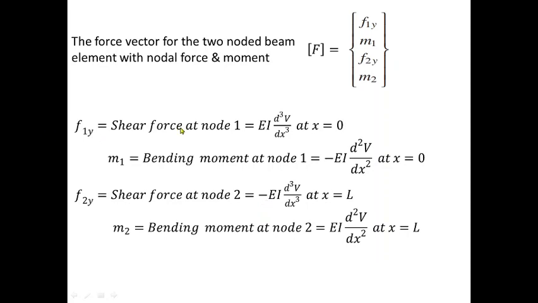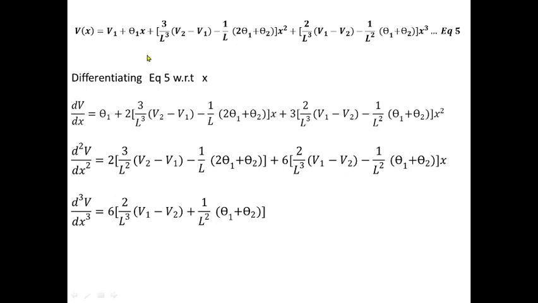Why? Shear force acting in the y direction will be positive, opposite to that y direction will be negative. Similarly, moment acting in the clockwise direction, if you remember the sketch, will be negative, and counterclockwise will be positive.